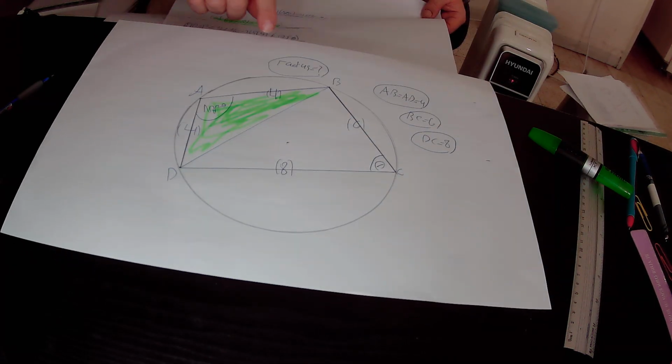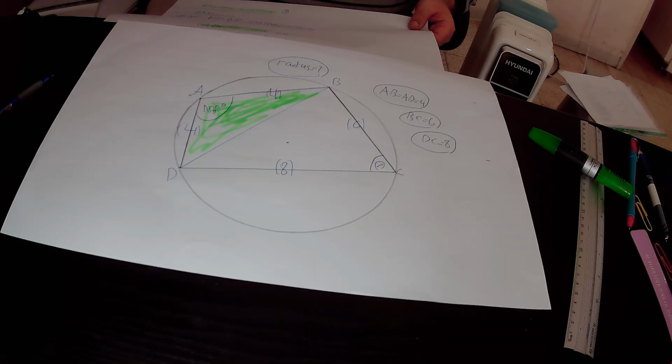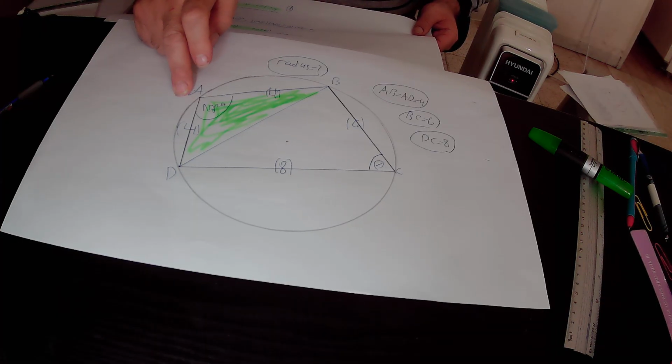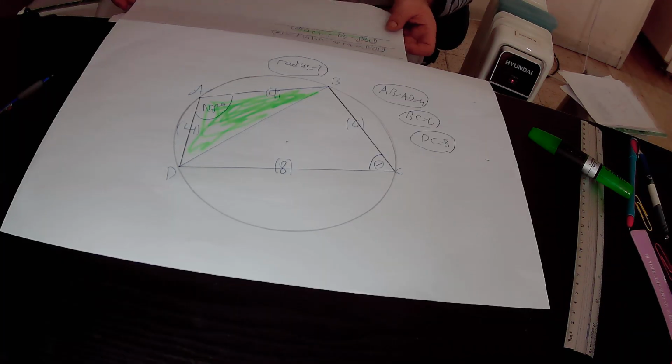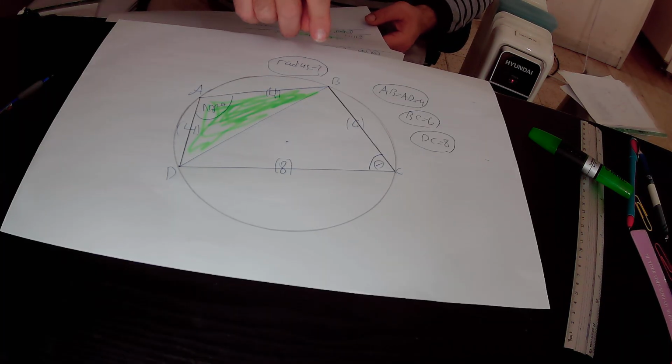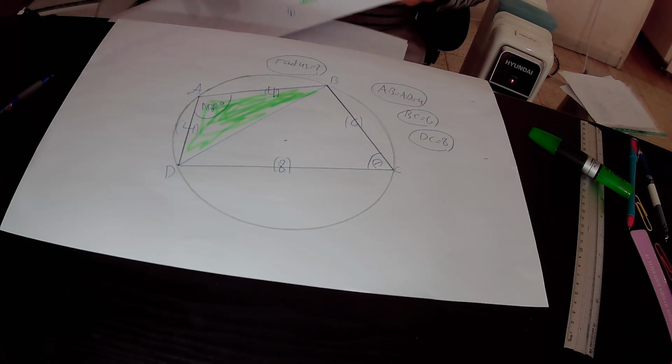AB is 4, therefore AB squared is 4 squared, that is 16, plus AD squared. AD is 4, therefore AD squared is 4 squared, this is 16. Minus 2 times AB, this is 4, times AD, this is also 4, times cosine of 180 degrees minus theta.